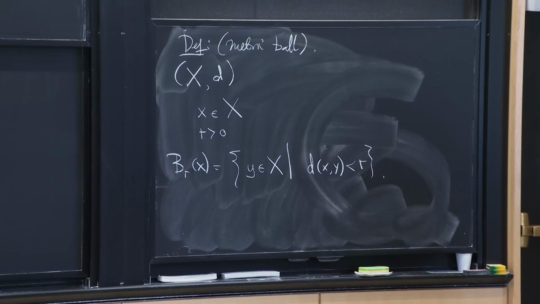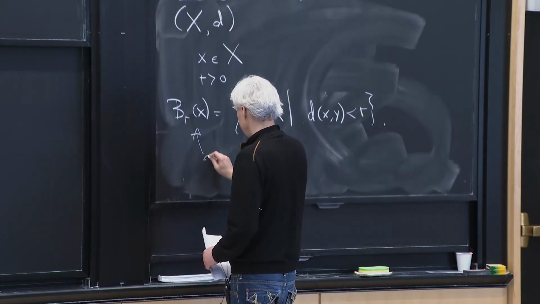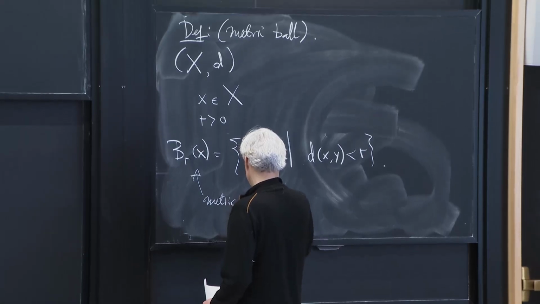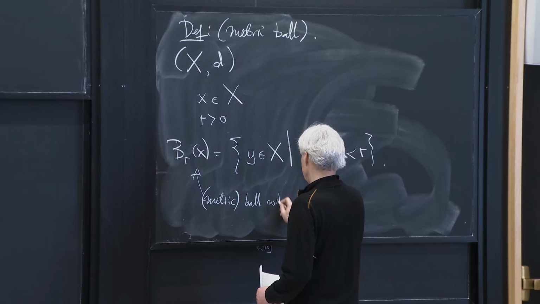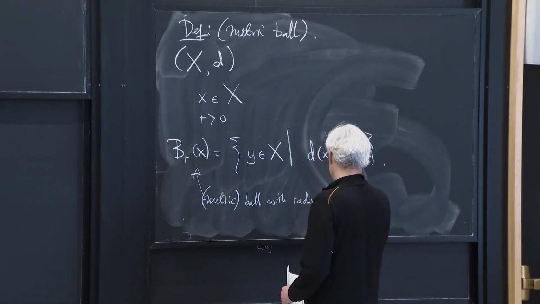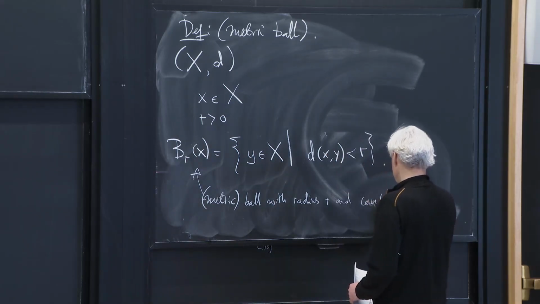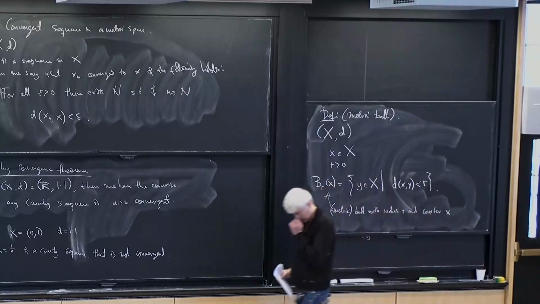This set is called a metric ball, or just a ball, with radius r and center x.